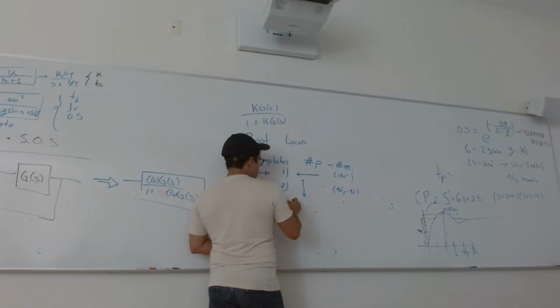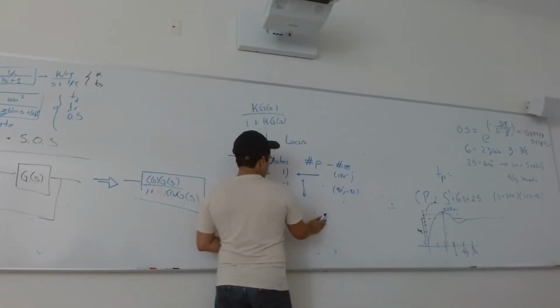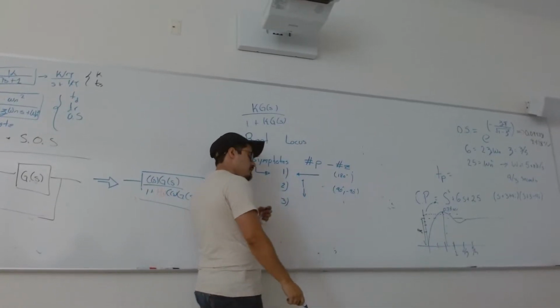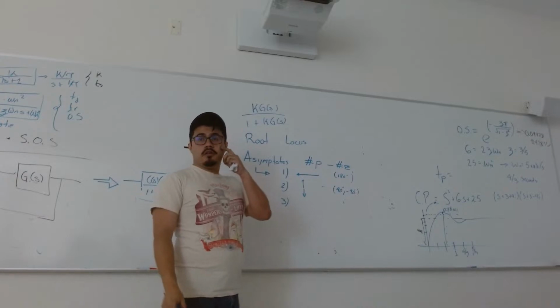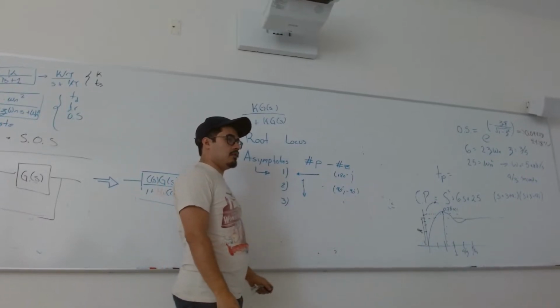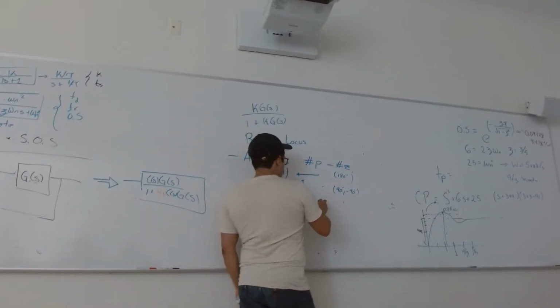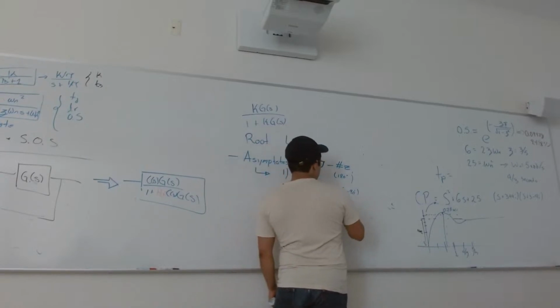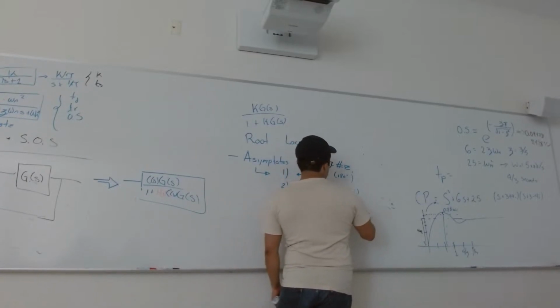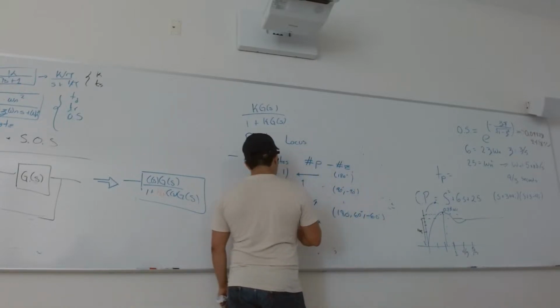For three asymptotes, 60, minus 60, and 180.